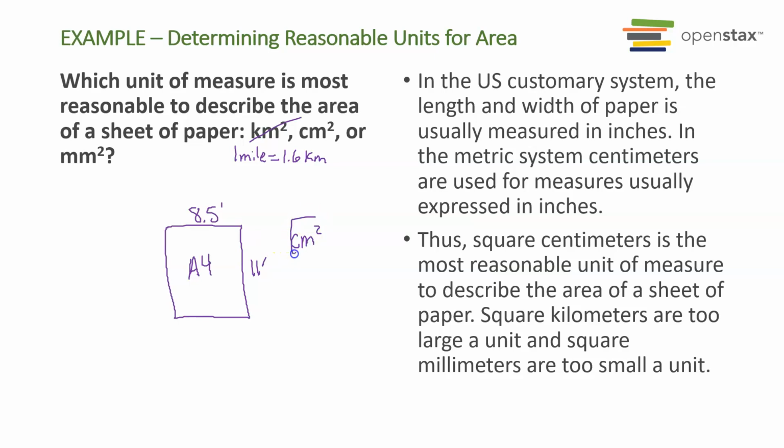So again, a kilometer is just way too large. A millimeter is just kind of too small. A centimeter squared would be that Goldilocks just right amount when measuring paper. And if you looked at a ream of paper, you'll probably see that it's measured in 8.5 inches by 11 inches, and it'll probably tell you centimeter conversions as well.